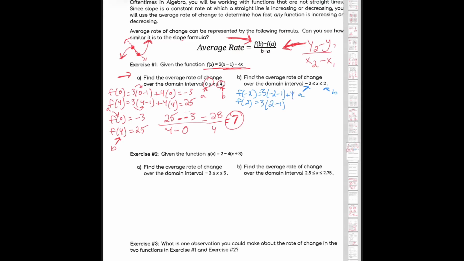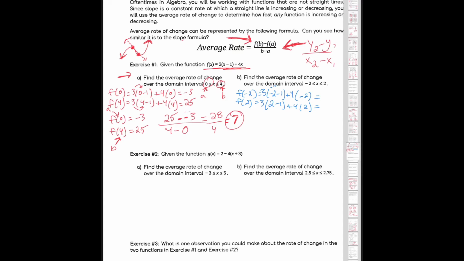This is plus 4 times negative 2 plus 4 times 2. So let's go ahead and find that out. So we have 3 times negative 2 minus 1, which is 3 times negative 3.